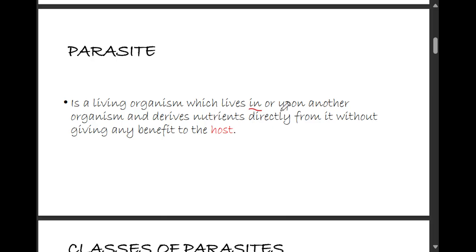In or upon another organism. And this living organism tends to derive nutrients directly from the other organism without giving any benefit to that organism, which is known as the host. That is what a parasite is.